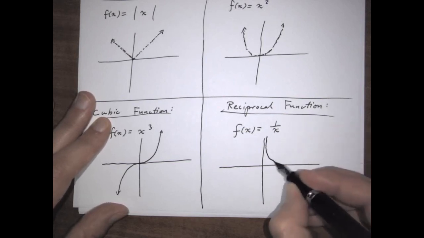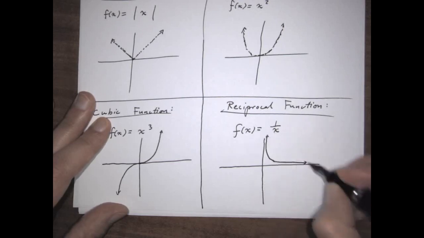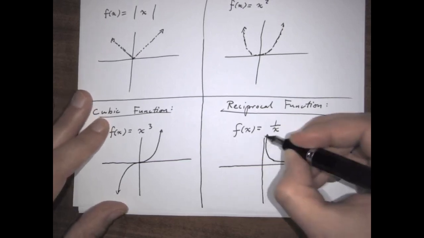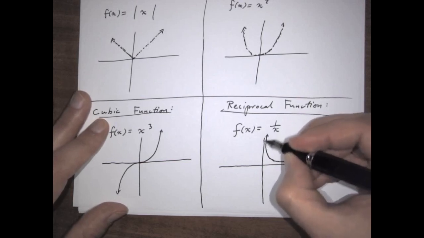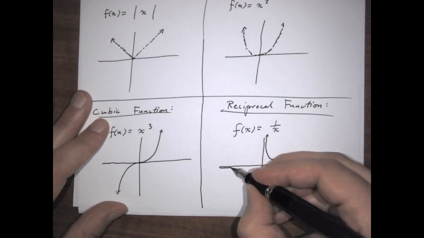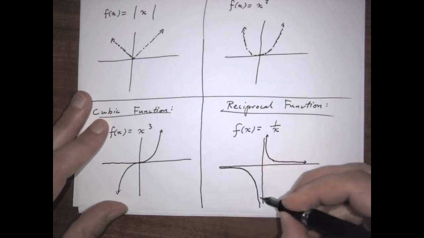So what we end up with is a shape that looks like this. Gets tiny, and it tries to get down to the x-axis. Never quite gets there, but it tries its best. And similarly, it goes almost vertically by the time we get to the y-axis. And then on the other side, it's the exact same thing, but in reverse.